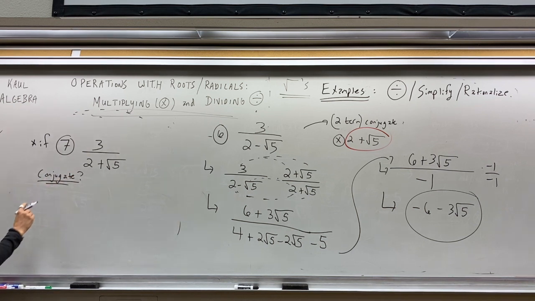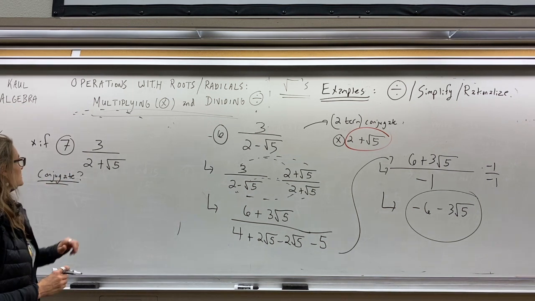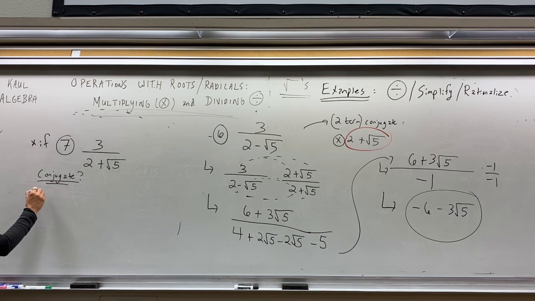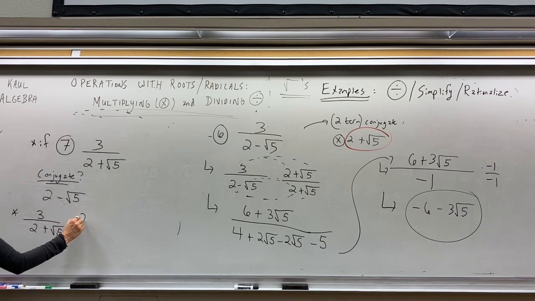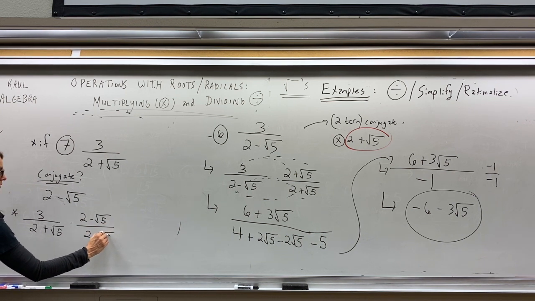And what would you use instead to rationalize the denominator? In this case, you would have 2 minus the square root of 5. So you would just go ahead and say 3 over 2 plus the square root of 5, and you'd multiply by 2 minus the square root of 5 over 2 minus the square root of 5.